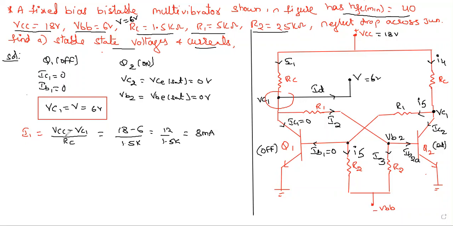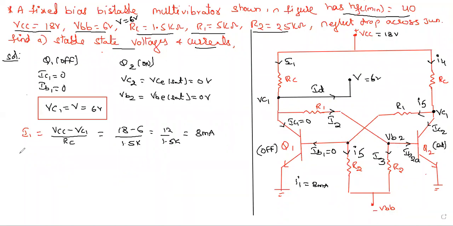Okay, now we got I1 as 8 milliamps. Now try to calculate I2. So what is I2? Here I know the value of VC1, and I know the value of VB2, right?